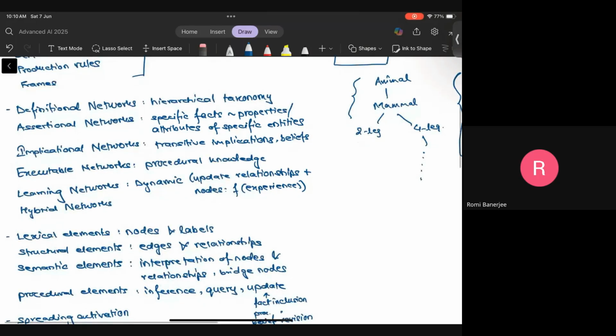Then we have implicational networks. Implicational networks define a transitive relationship from one object to another object. Like if A leads to B, and B leads to C, then you can infer that A is going to lead to C. Then you also have belief networks.